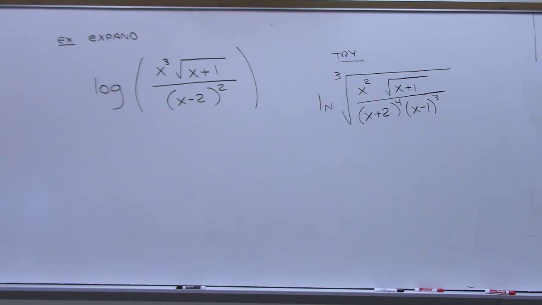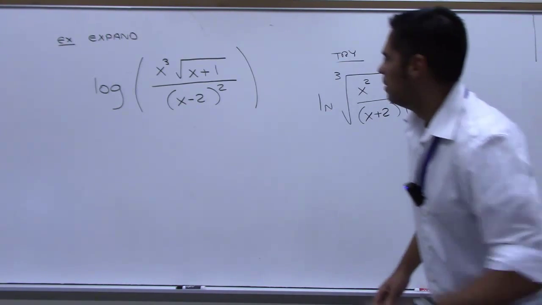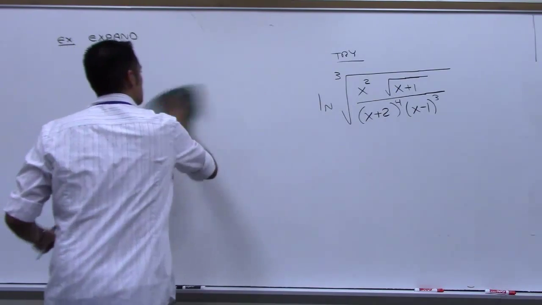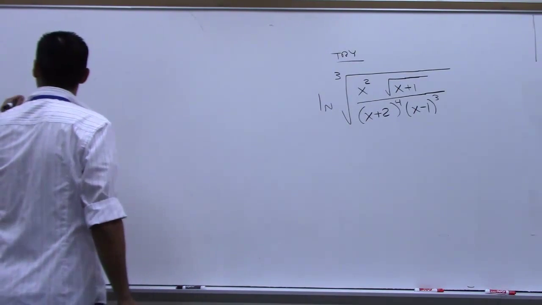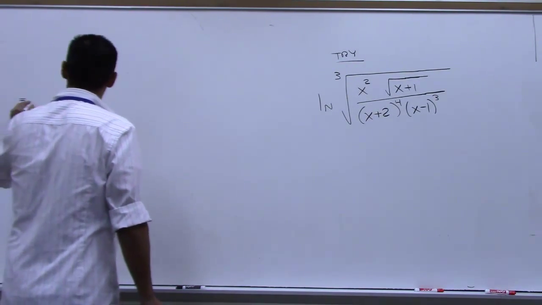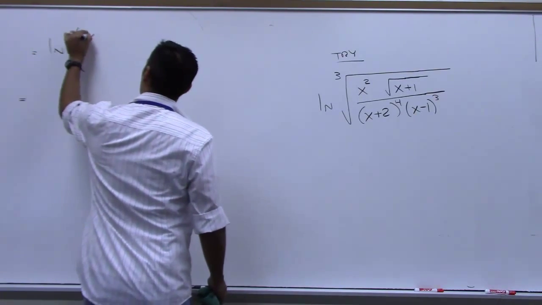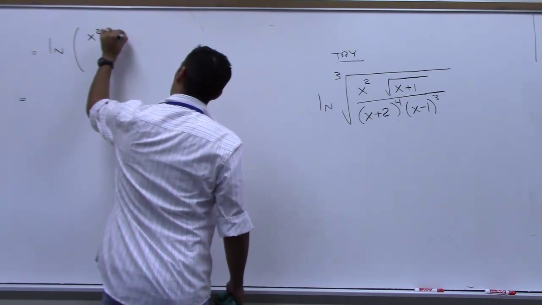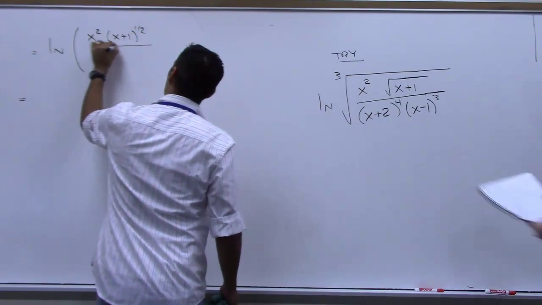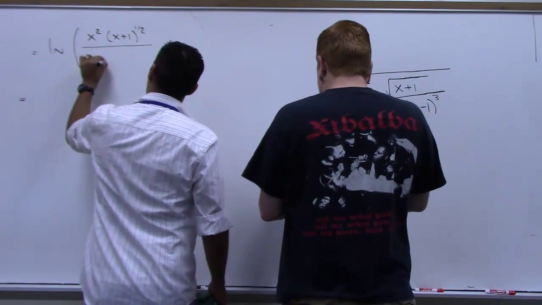The 1/3 is going to be there the whole time, so it distributes like this.